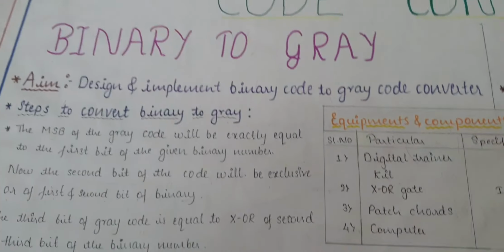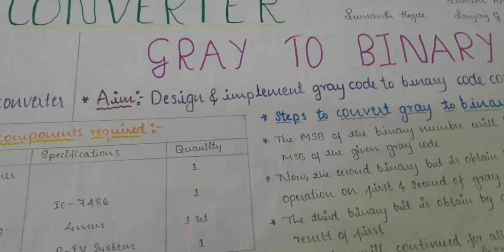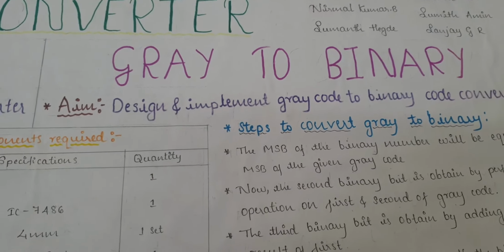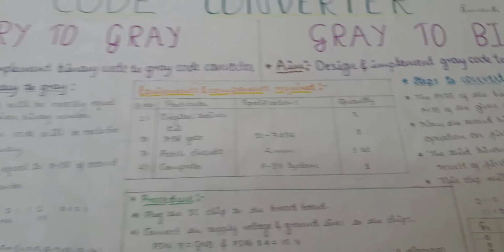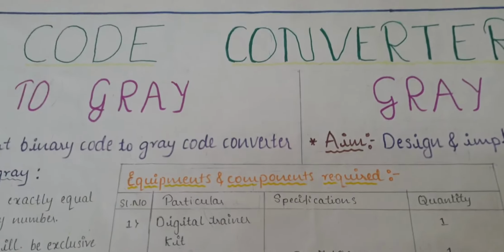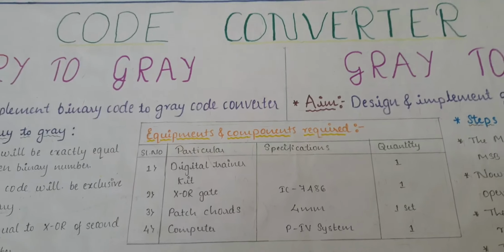First we shall see how to convert binary code to gray code, and in the next part, how to convert gray code to binary code. Before I go ahead, I need to tell what a code converter is.